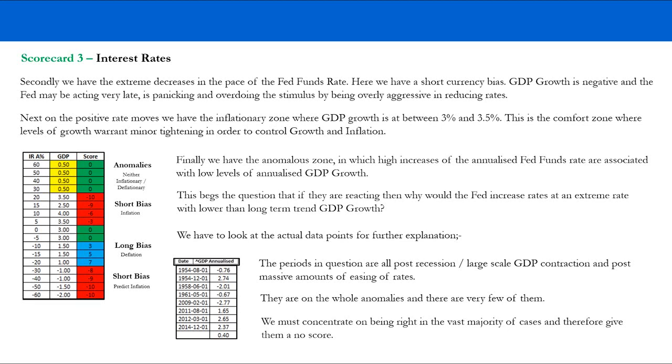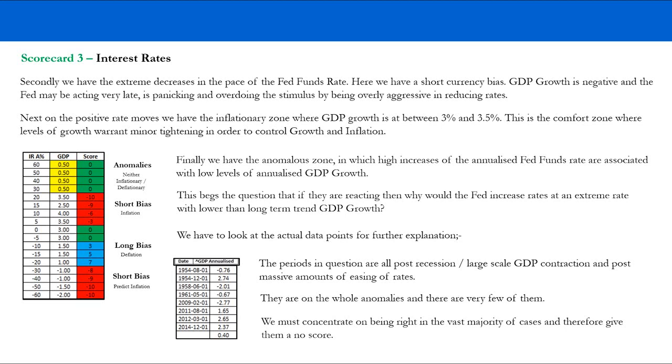And as alluded to earlier, when we're building out systematic processes in trading, portfolio management, and in economics, what we need to be doing is concentrating on being right in the vast majority of cases, and therefore give them a no score. So we don't give them any credit.